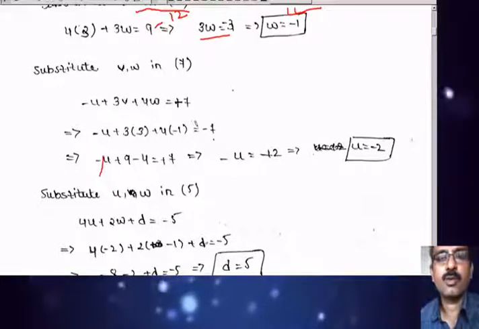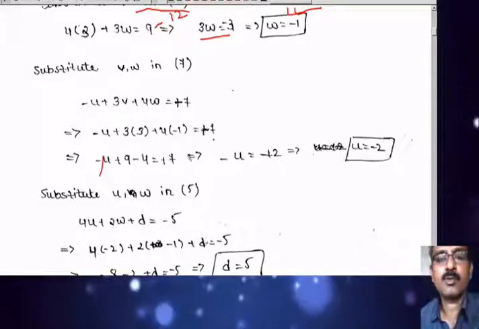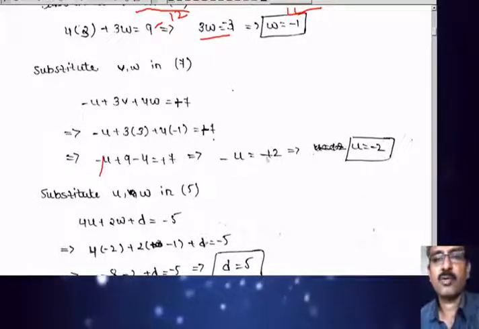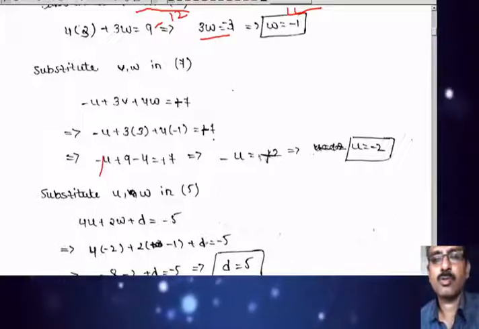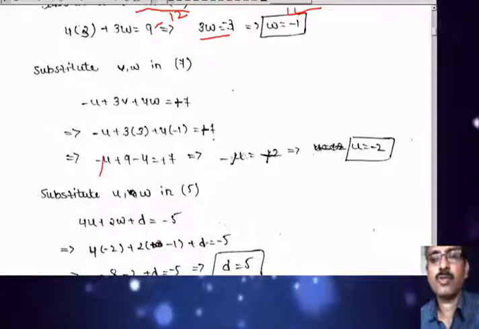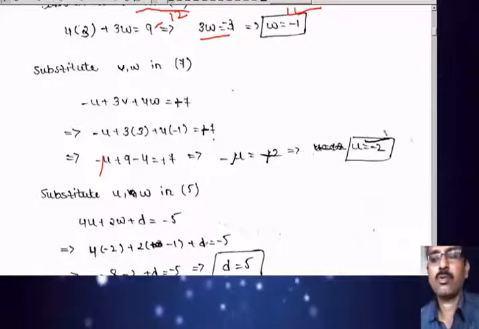Plus 7, this is plus 7, plus 2, minus u equal to plus 2 and u equal to minus 2.